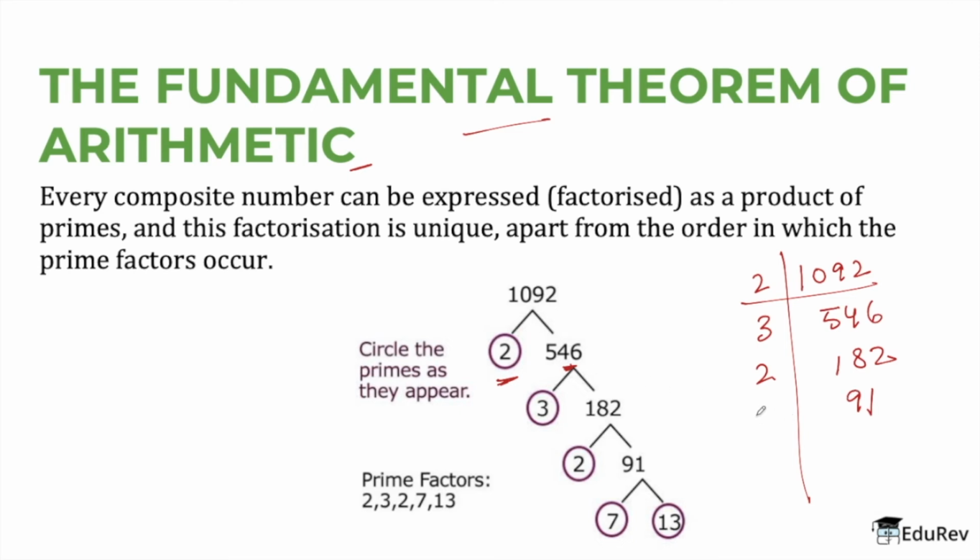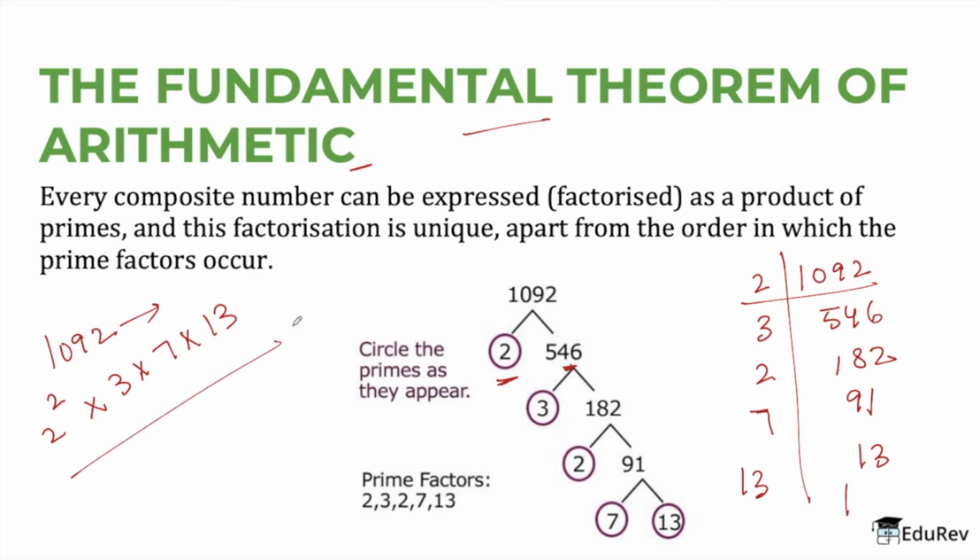And lastly, 7 times 13 is going to be 91, and 13 times 1 is 13. So 1092 can be written in the form of 2 to the power 2 into 3 into 7 into 13. So this is how we can write 1092. Alright, I hope you have understood everything we have discussed so far.